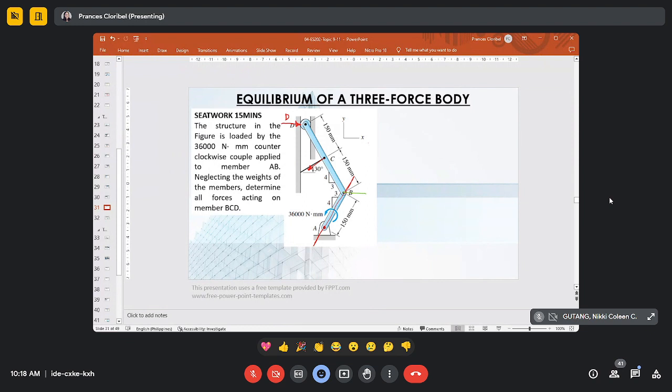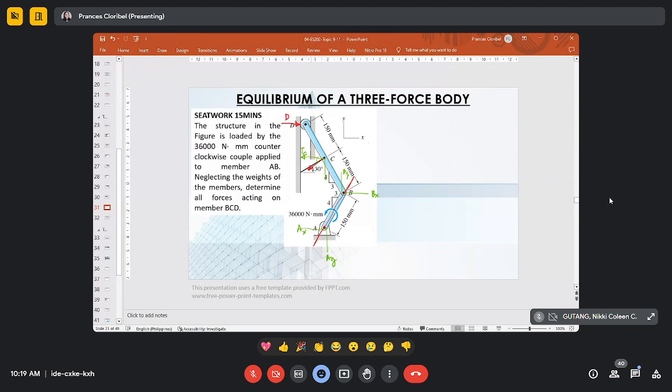We do not yet know if each is upward or downward, and the same with our A. This will be our B, X. This is our B, Y. And this one is our A, Y. This is our A. And this will be our tension, with an angle of 30 degrees.